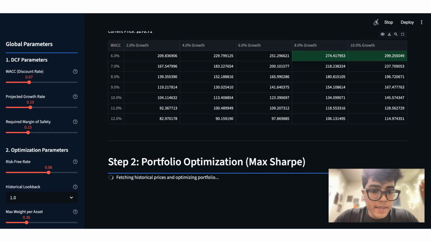While that processes, I want to briefly address AI usage as required by the course. I use Claude and ChatGPT as my primary AI coding collaborators. I use a driver framework specifically to define, implement, and evolve stages to structure my AI interactions. For the DCF engine, I wrote the financial logic myself based on what we covered in class. For the Markowitz optimizer, I use SciPy's minimize function. I used ChatGPT to help me set up the optimization constraints correctly.